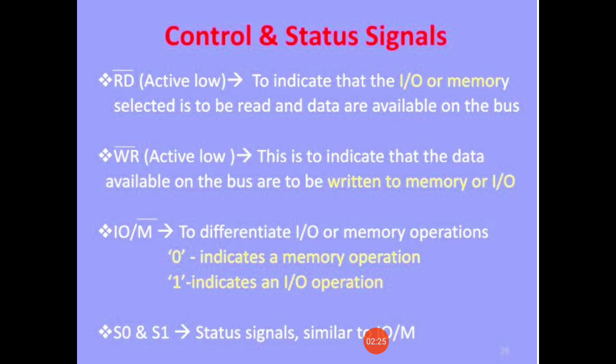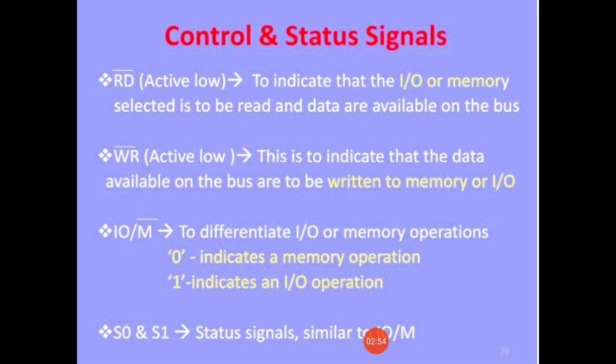When IO/M bar is high, the address on the address bus is for an input output device, and when the IO/M bar pin is low, the address on the address bus is for a memory location. So the microprocessor uses the IO/M bar signal to indicate whether it will communicate with an input output device or memory.